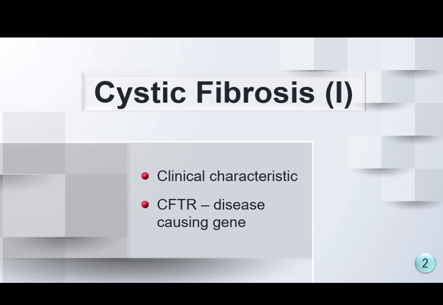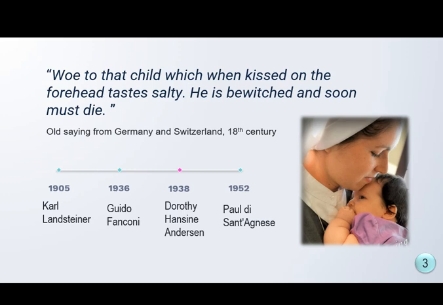So today I will talk about what are the clinical characteristics and introduce the disease-causing gene, CFTR. The story comes from the 18th century, a long time ago.